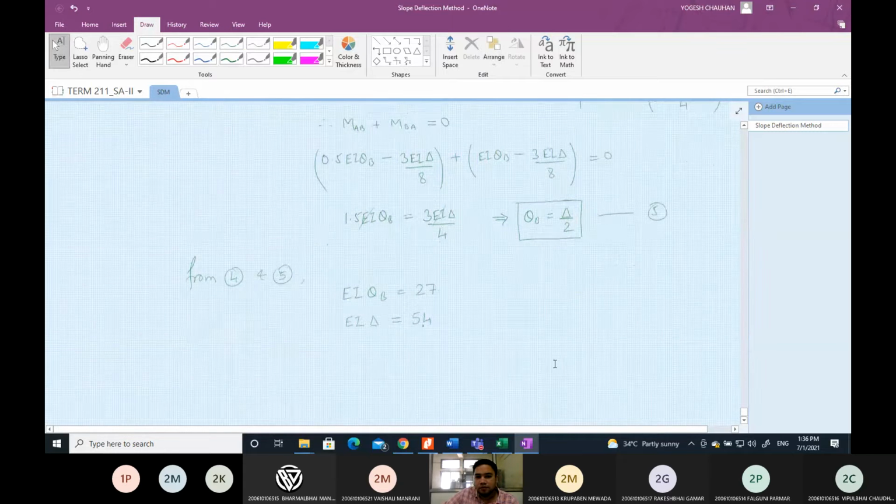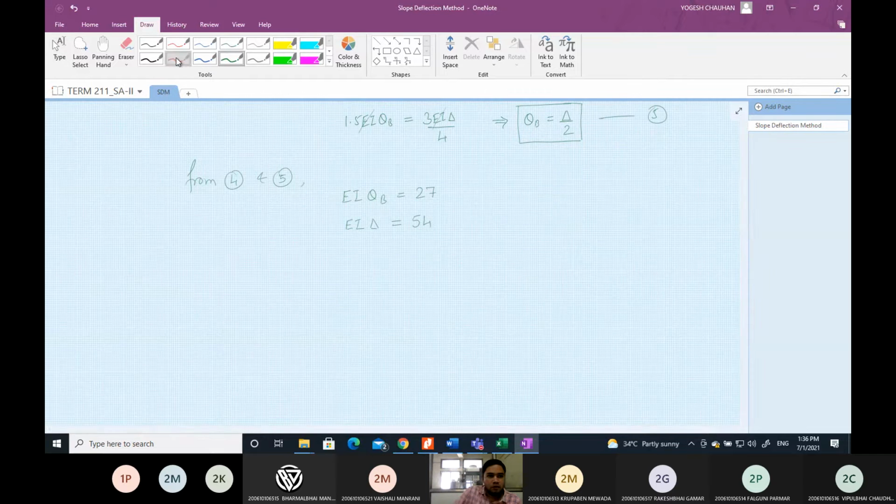Okay, and finally the next step, the final moments. MAB will be equal to 0.5 EI theta B minus 3 EI delta by 8.